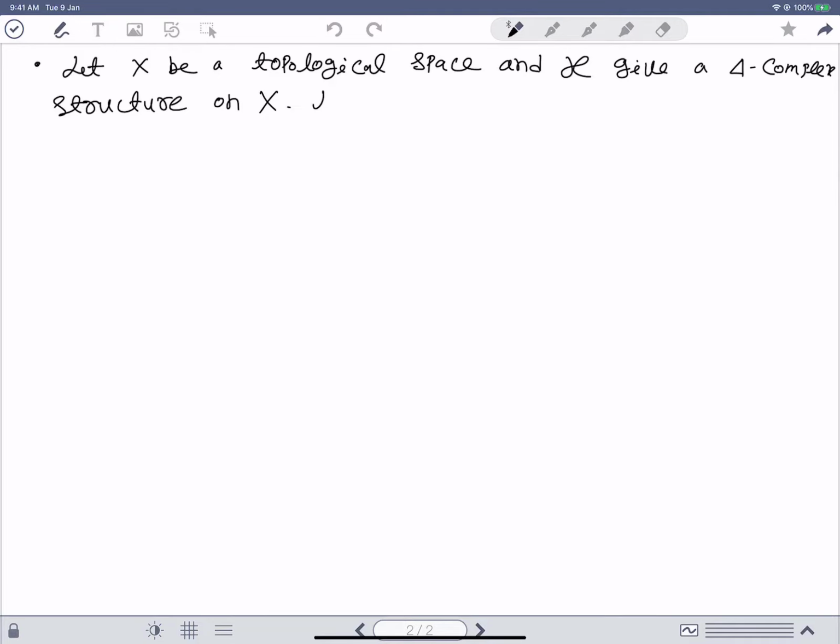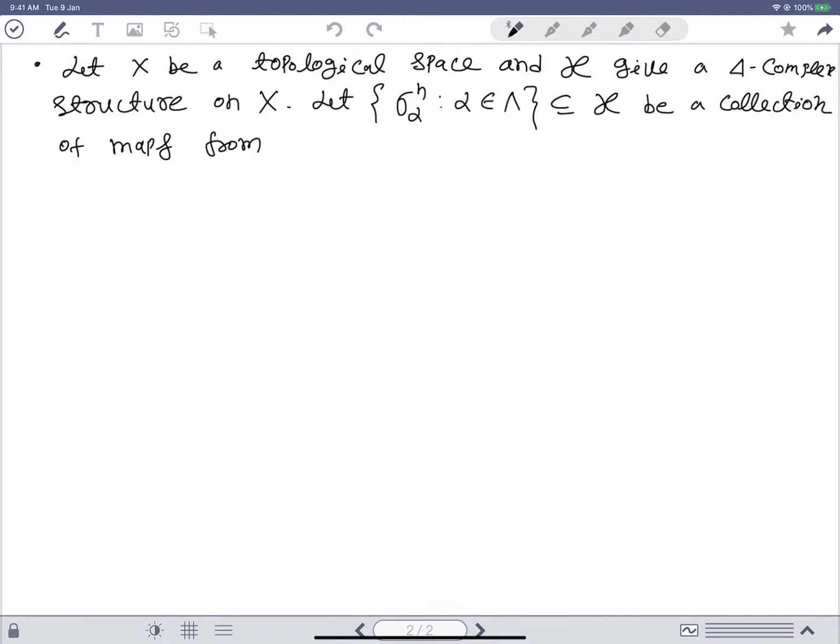Now let this set, say sigma n alpha, where alpha belongs to the index set lambda, be a subset of this delta complex structure. That is, this is a collection of maps from some simplices delta n to the topological space X.